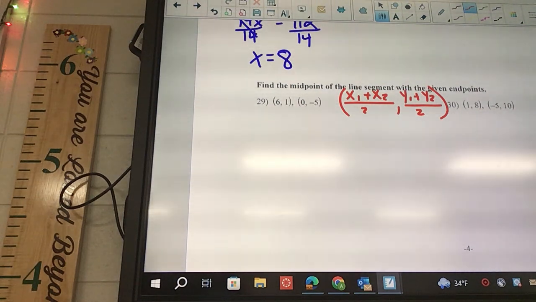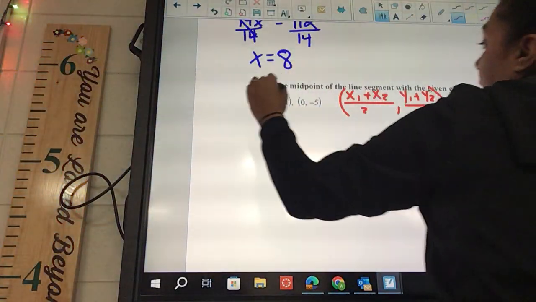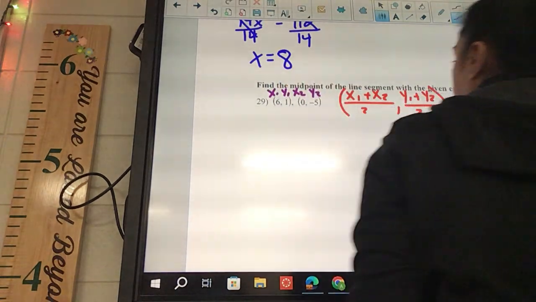So we're going to go through and label these: X1, Y1, X2, Y2.